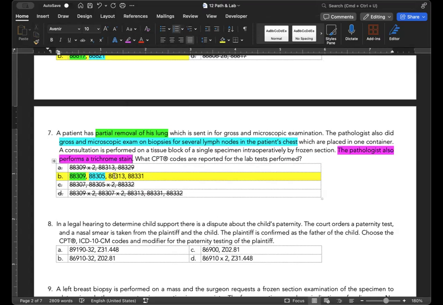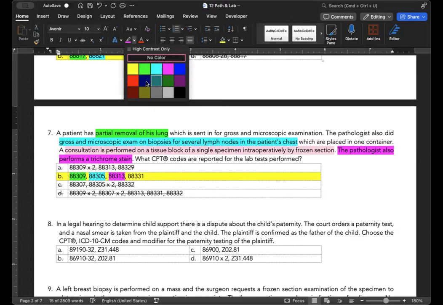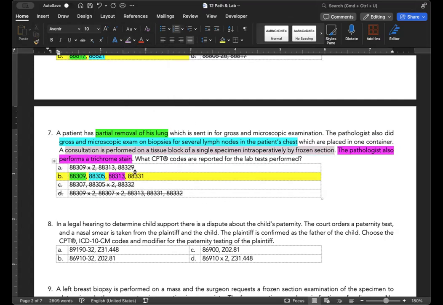So that's where your 88313 is going to come into play. And then the 88331 is your pathology during surgery. So the consultation that's performed on that tissue block of single specimen intraoperatively. And that's going to be our 88331.